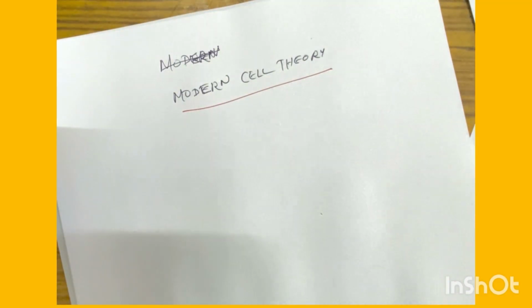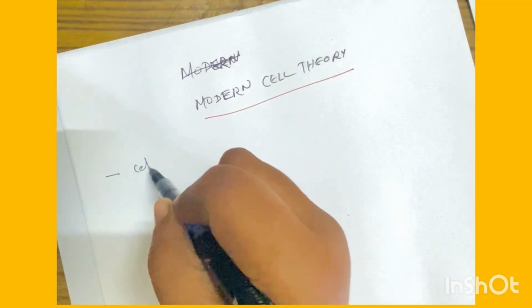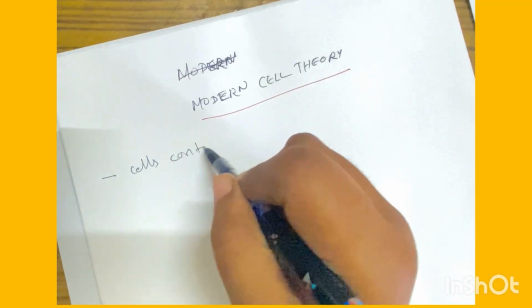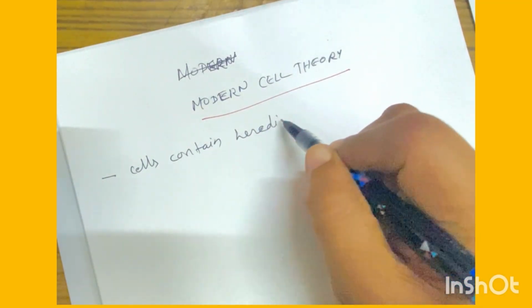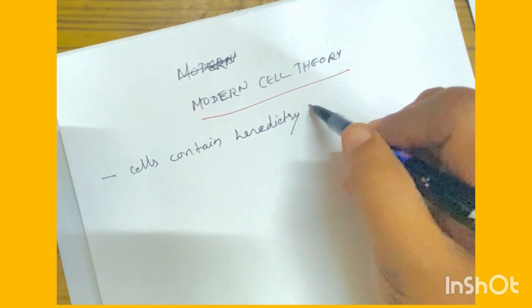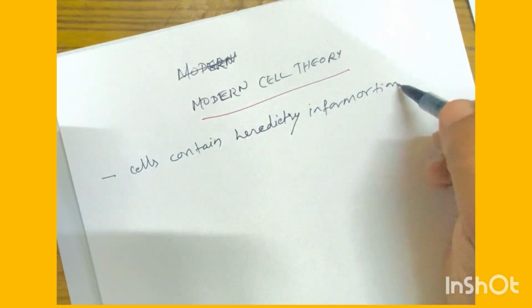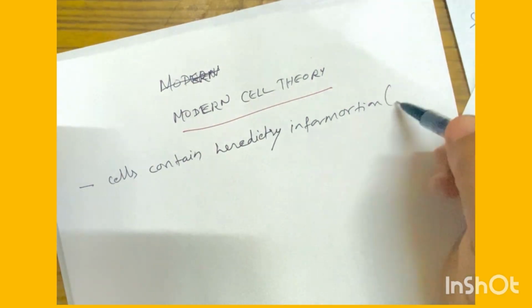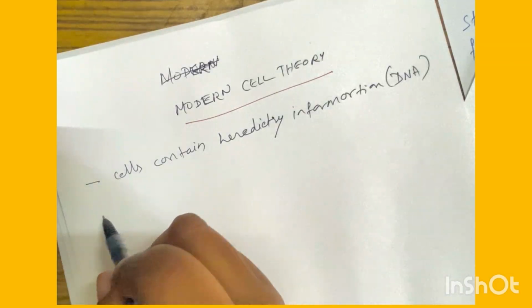Okay. So what does it add? Certain information like cells contain hereditary information. Now all of us know which contains this hereditary information. It is our basic DNA. Okay.